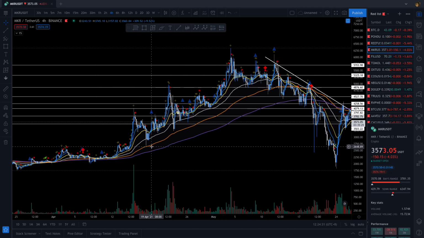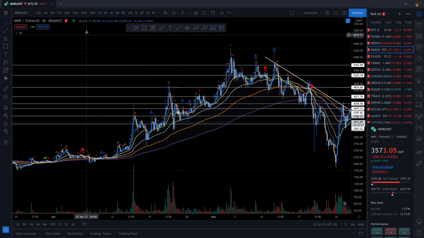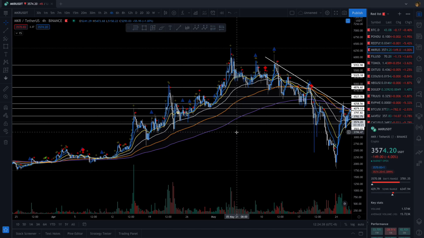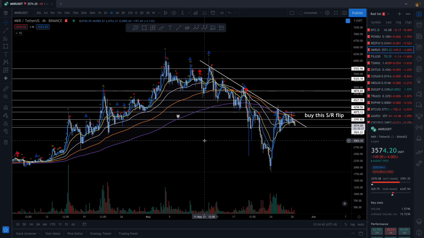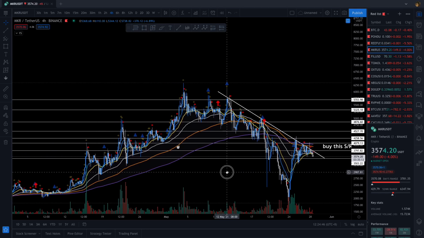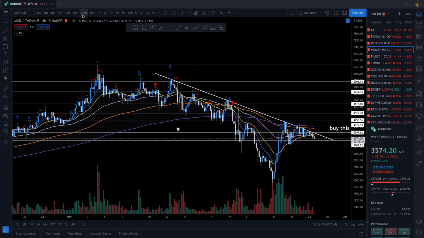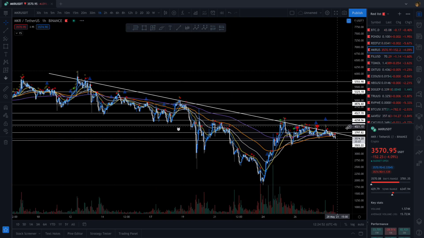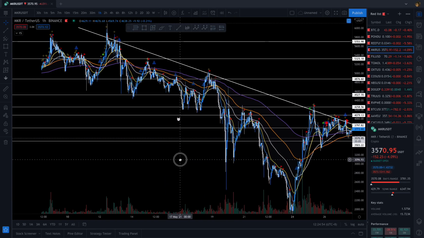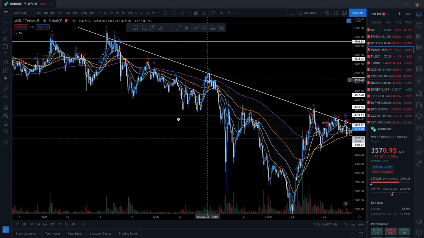And usually, when price reaches either the 100 or the 200 EMA, on any time frame, there will tend to be a pretty strong rejection or support from that level. So something that I like to do is just wait for price to come down or go up to the 200 EMA, and then I'll actually short that, right?